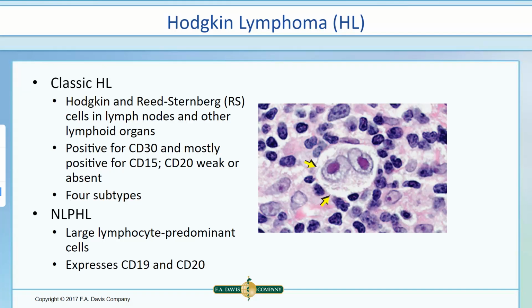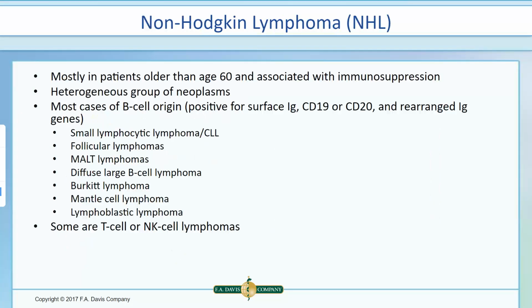Hodgkin lymphoma, or HL. Hodgkin and Reed-Sternberg cells in the lymph nodes and other lymphoid organs. Non-Hodgkin lymphoma, mostly in patients older than age 60 and associated with immunosuppression.